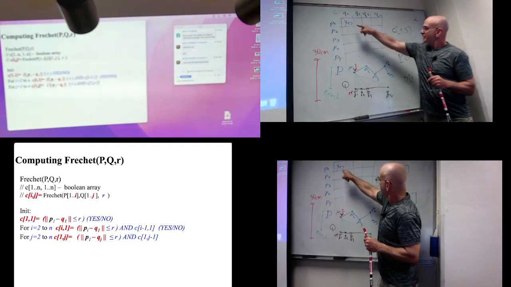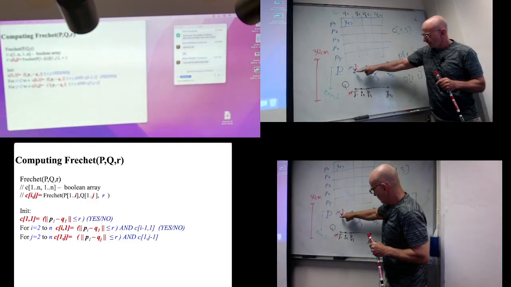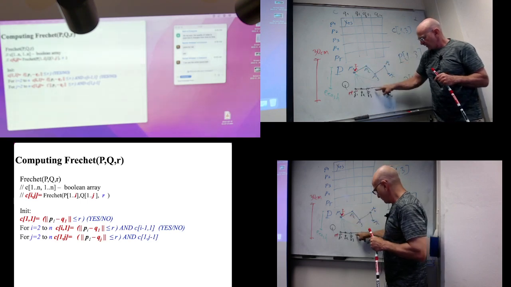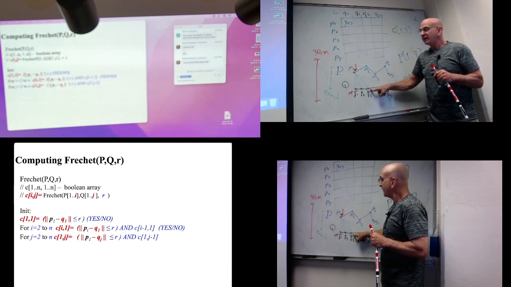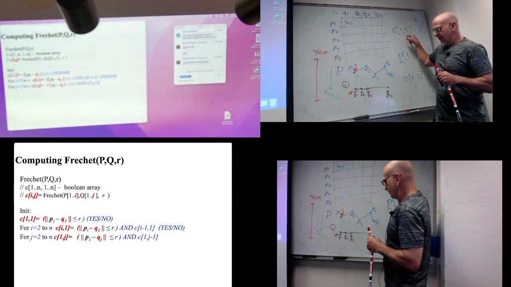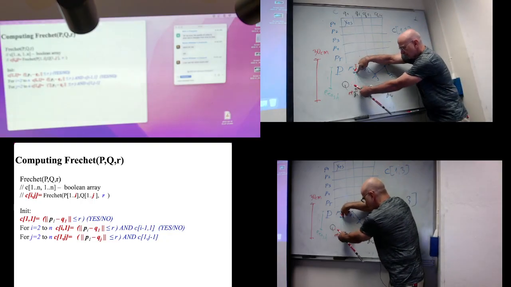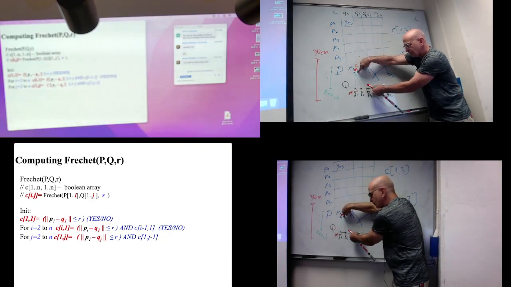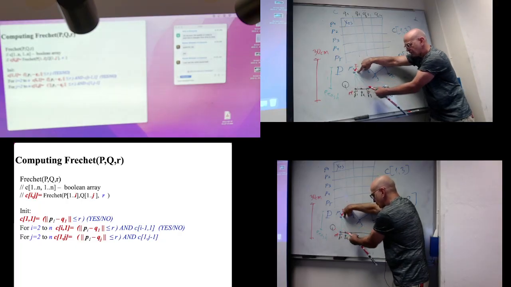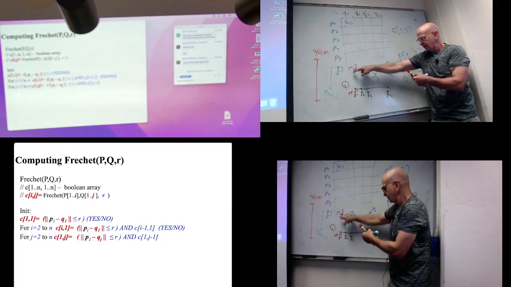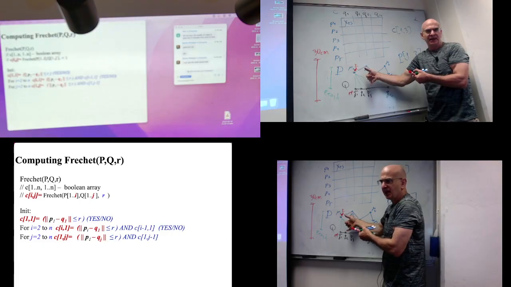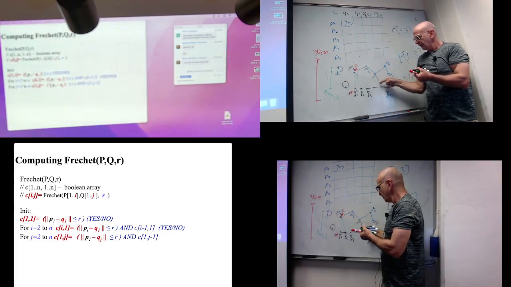Okay. I'm looking at C13. The person is glued to P1. The dog is at Q3. And what should C13 stand for? Whether the person can stand here and the dog will continue all the way from Q1, Q2, Q3, and be at no more than distance R, a leash of distance R, will do.